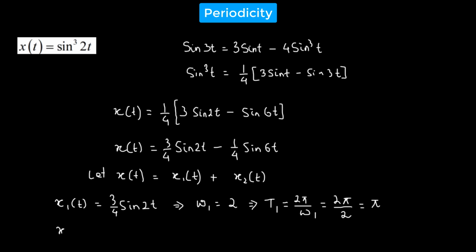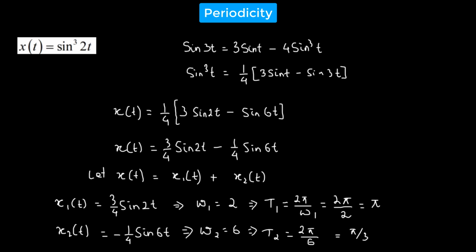Then we consider the second function, x2 of t, which is equal to negative 1/4 of sine 6t. We compare with the standard form, and that gives us the omega value 6. So we get a period T2 equal to 2 pi over 6, which is pi over 3. Now we have two periods.